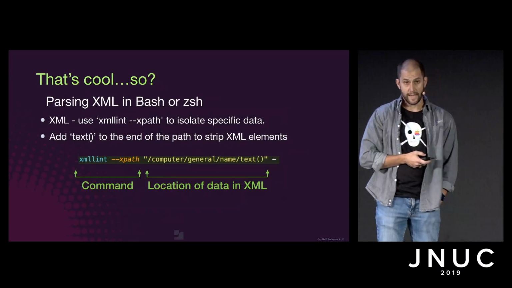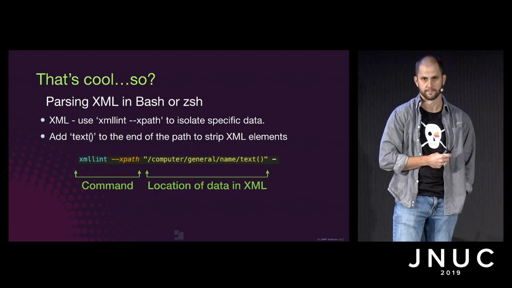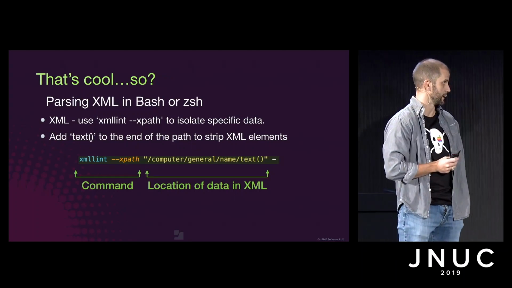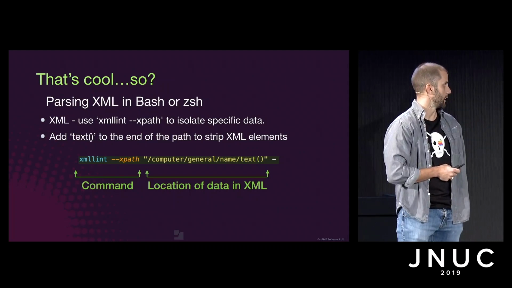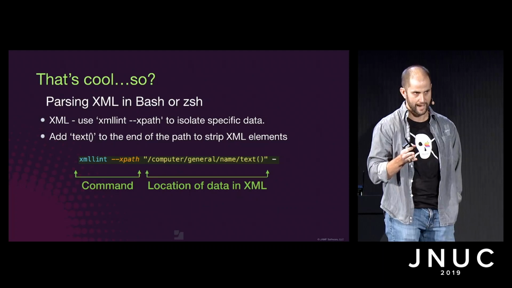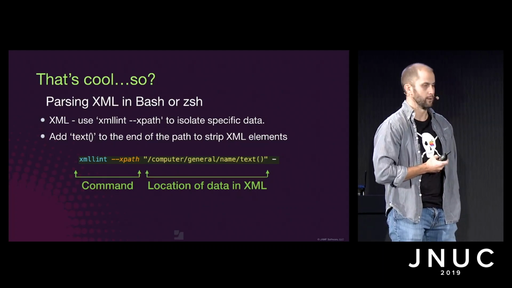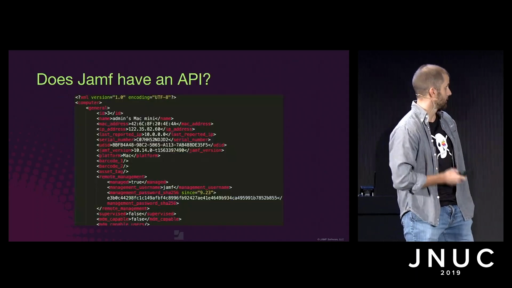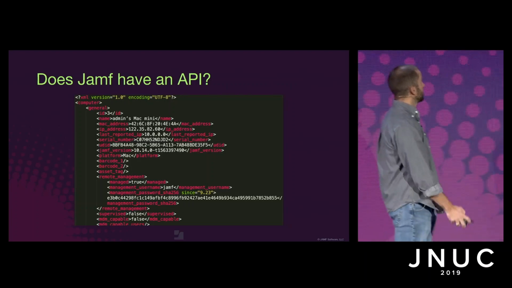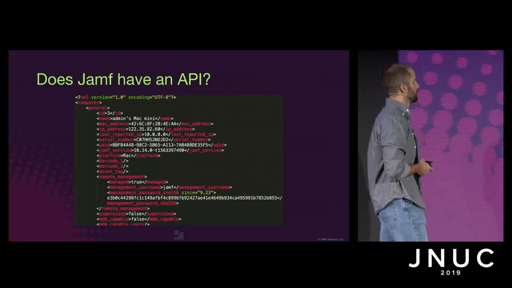To do that in Bash with XML, you might use a tool called XML-lint. This is built in. It's a great tool for isolating values within an XML data. You can use the XPath flag to specifically call out the path to the element that you're trying to isolate. And if I go back a slide, I'll point it out. We're looking for perhaps the name. If we're trying to navigate this document, we would go first to that computer root element that Jonathan mentioned.